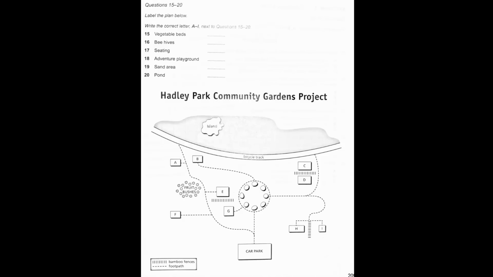There they are, in the middle of the plan. And you see that the footpath goes all the way around them. Well, on the left-hand side of that circular footpath, there's a short track which takes you directly to the vegetable beds. You can see a bamboo fence marked just above them.